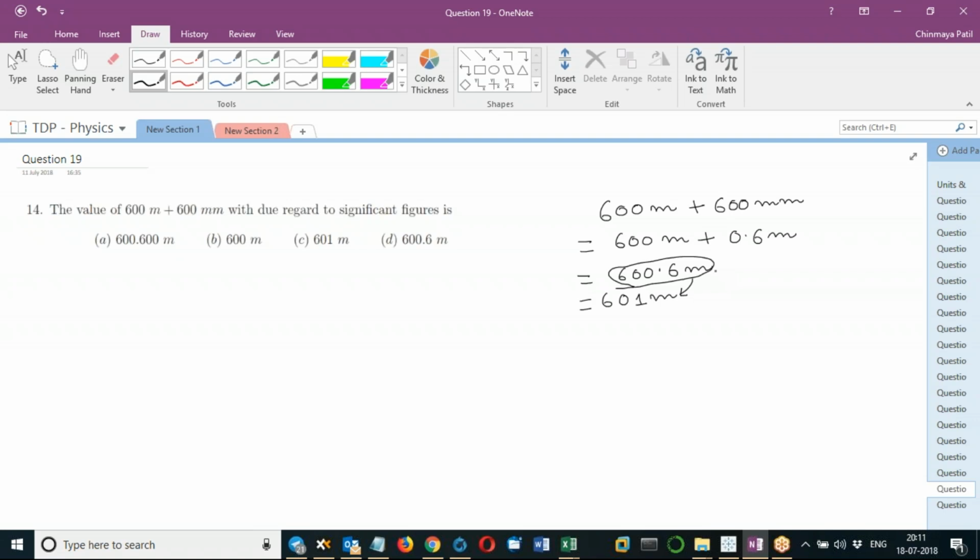As the given values in this question have no decimal representation, the resultant value we need to give in such a manner that it doesn't have any decimal point. So keeping this in mind, 600.6 has to be reduced to no decimal point representation, and that is actually 601 meter.